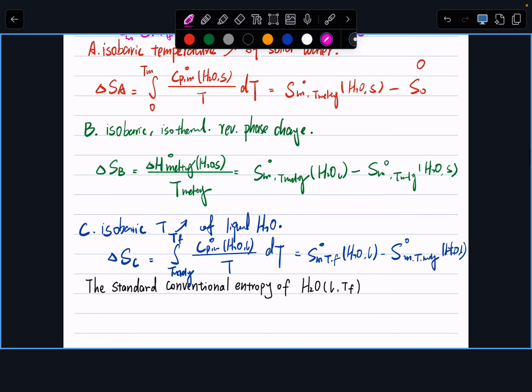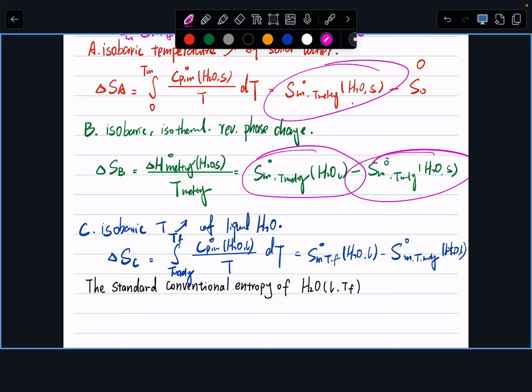For example, the standard molar entropy of your water solid at melting point cancels out here. Likewise, the standard molar entropy of your liquid water at melting point will also cancel out when you add A, B, and C together.